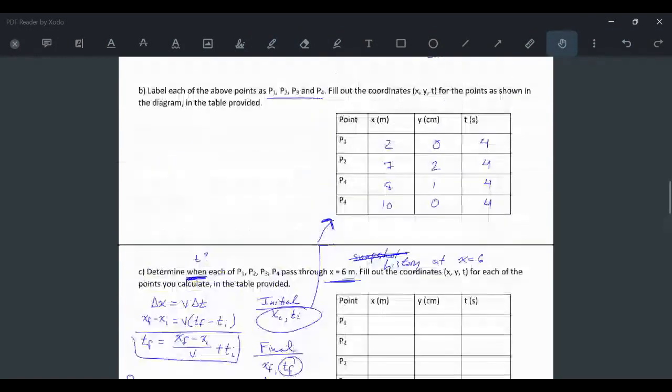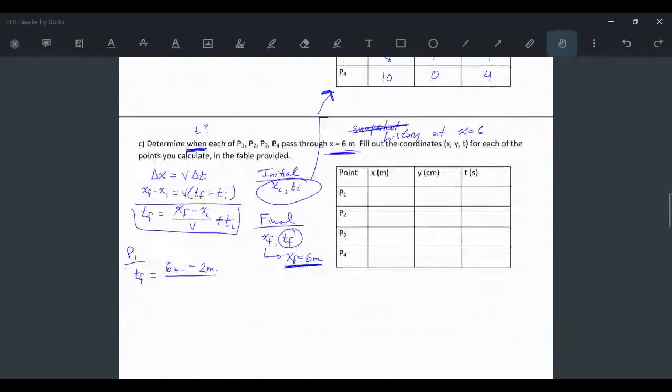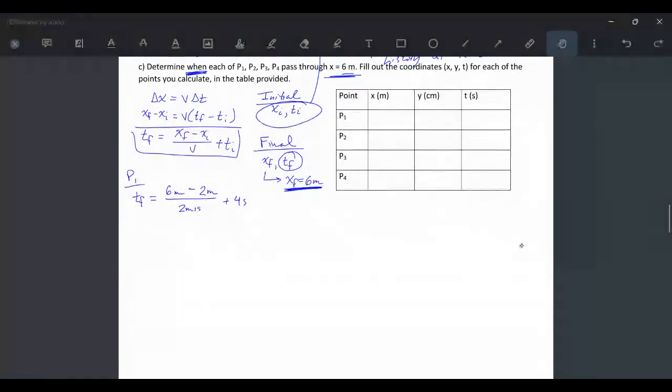The velocity, I don't remember, it's 2 meters per second. And the ti, again, comes from the previous page. It's always going to be 4 seconds. So 6 minus 2 is 4, divided by 2 is 2, plus 4 seconds is 6 seconds.